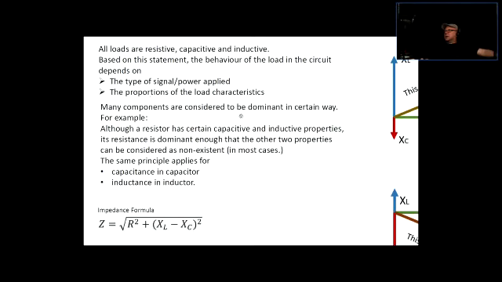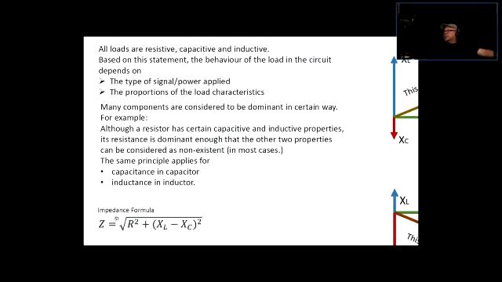Many components are considered to be dominant in a certain way. For example, although a resistor has certain capacitive and inductive properties, its resistance is dominant enough that the other two properties can be considered as non-existent in most cases. Then the same principle applies for capacitance in the capacitor. It's the dominant quantity in the capacitor, and inductance in the inductor.